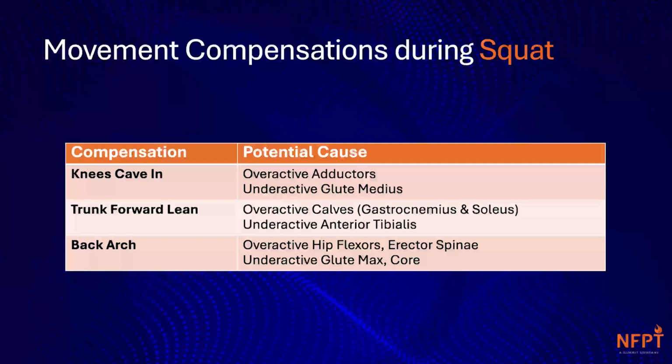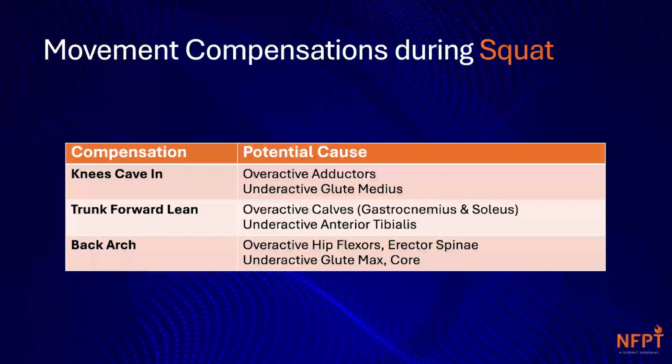And what could be happening in that instance is we could have overactive calves, specifically our gastrocnemius and the soleus. And what's happening there is that motion that should be happening at the foot and ankle complex, the dorsiflexion, is not happening. The calves are preventing the tibia from migrating forward. So those calves are too overactive. And if that's the case, then the underactive muscle is going to be the anterior tibialis.